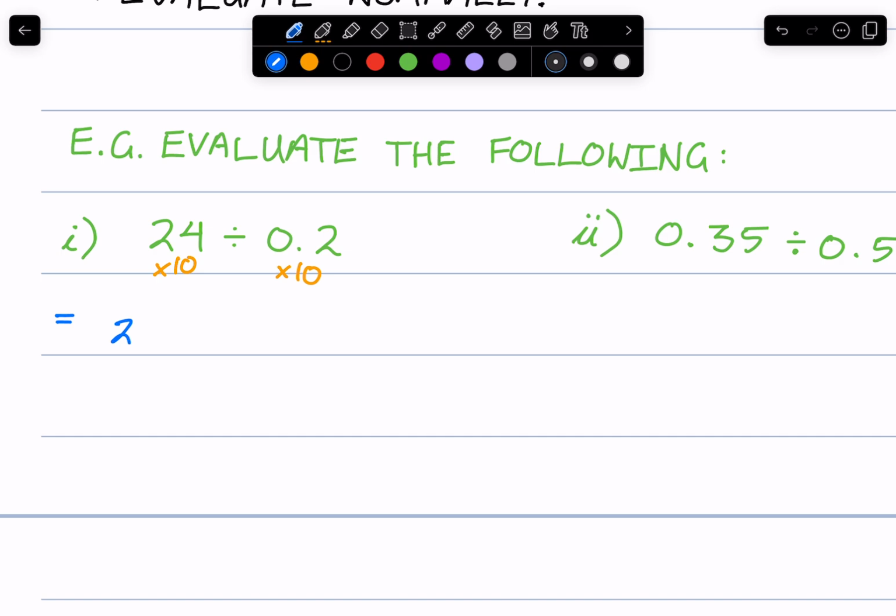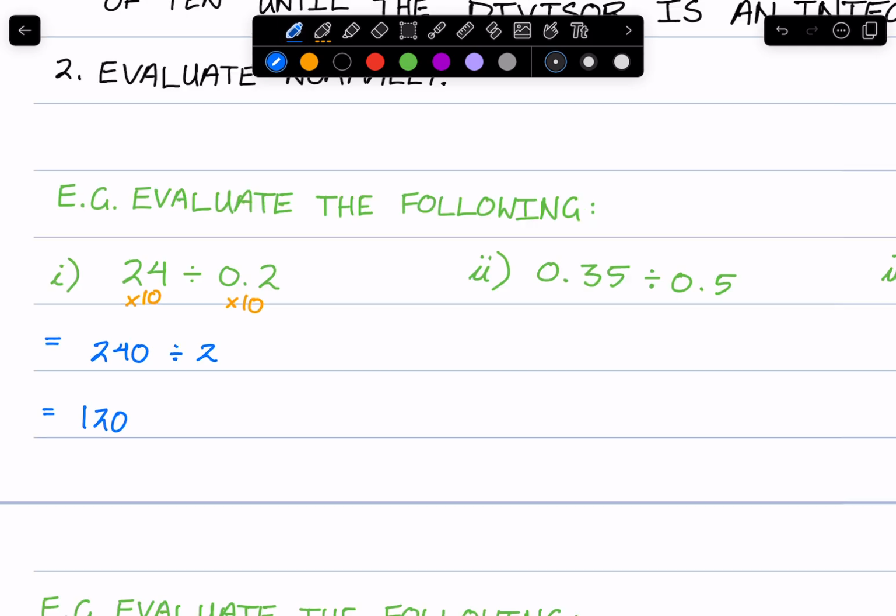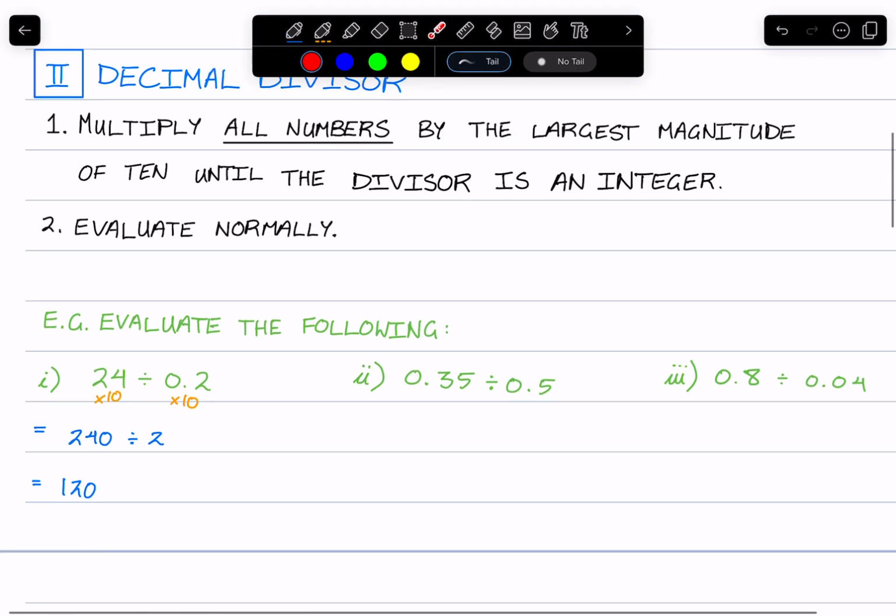So this becomes 240 divided by 2. That's rather straightforward now. 240 divided by 2 gives me 120. Notice how with this method, in this scenario, we don't need to reverse anything. This is the final answer.